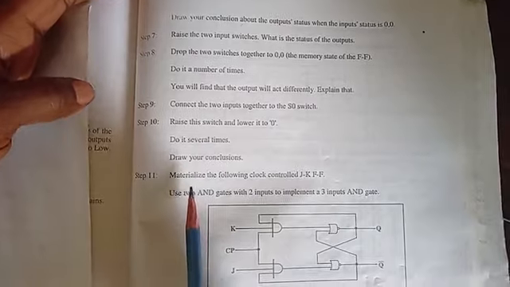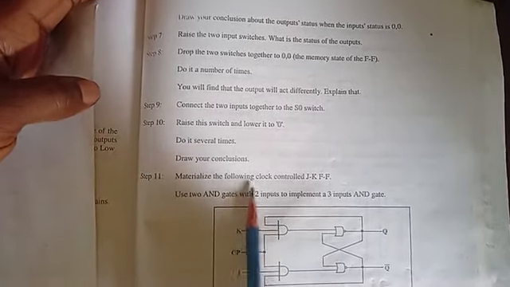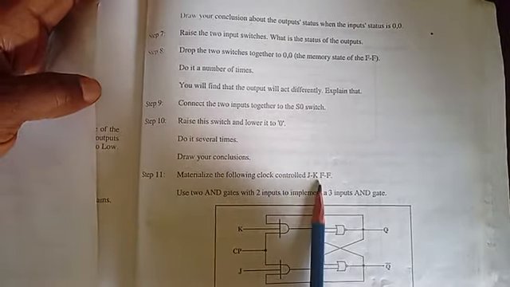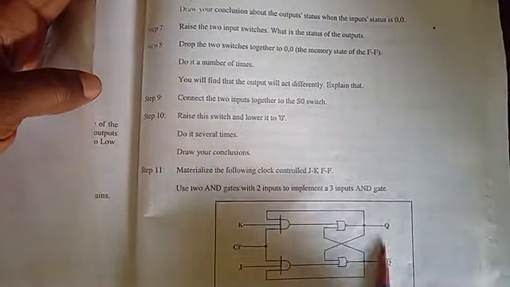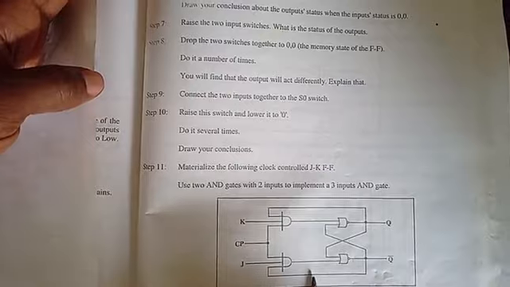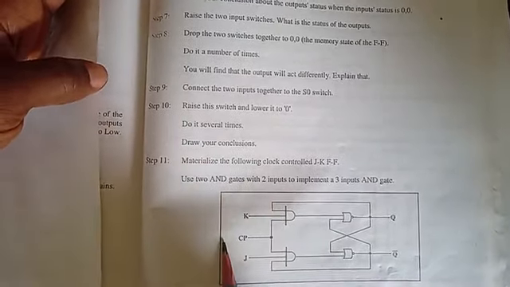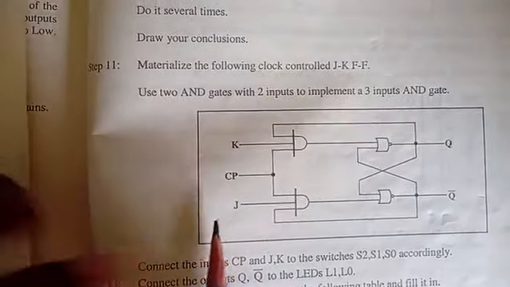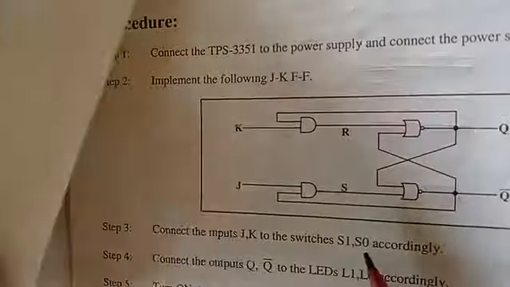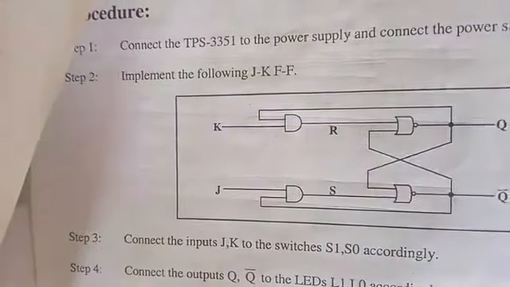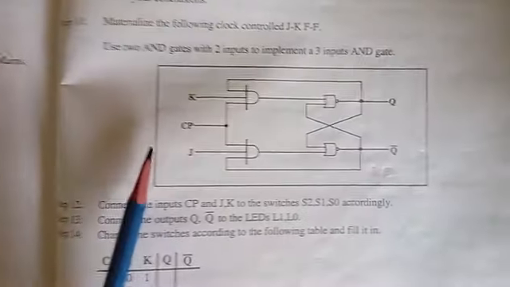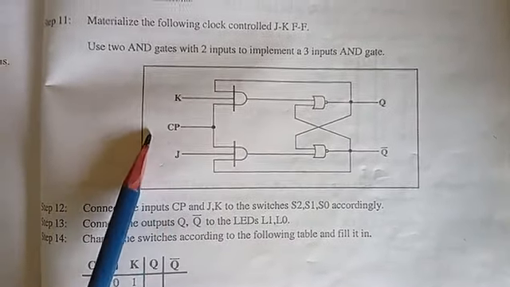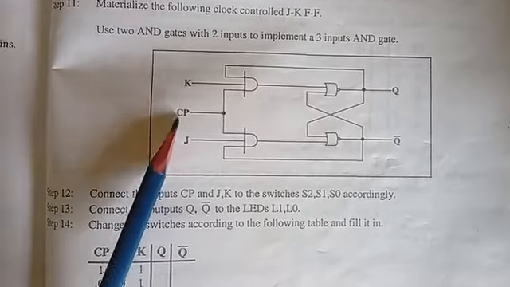Step 11: materialize the following clock-controlled JK flip-flop. We're not going to have this circuit again now, and this circuit will have a clock pulse. The first one did not have a clock pulse. The clock pulse we feed with the clock. But here now, J will have its own switch, K will have its own switch, and the clock pulse will have its own switch as an input separately.